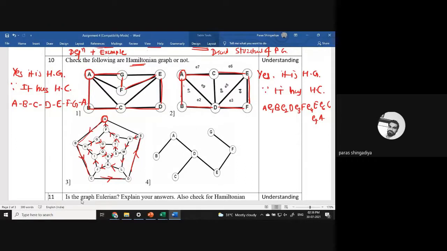So in this route, all the vertices are covered and no repetition happens. All the vertices exist only one time, and from A to A. So the conclusion is yes, it is a Hamiltonian graph because it has a Hamiltonian circuit. And now write the circuit here. A to B, B to C, and so on.